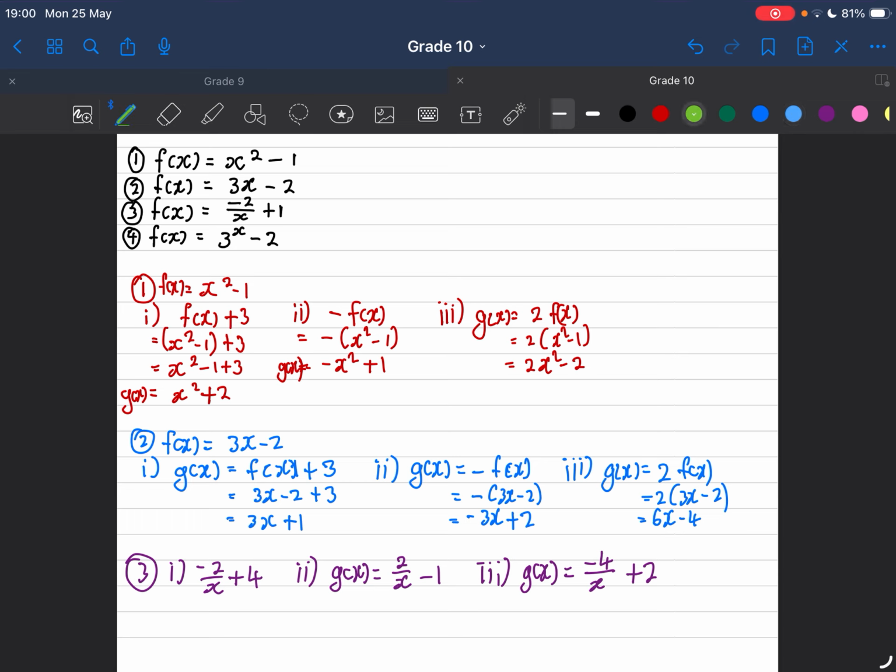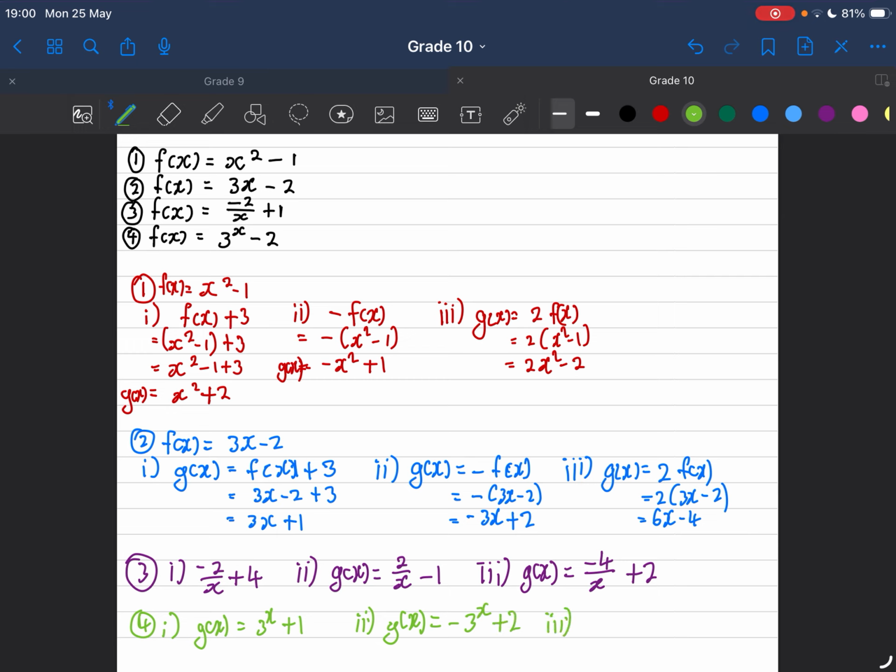Alright, number 4. Let's start. Number 4, I'm going to start by moving it up by 3. So my g of x function is equal to 3 to the power x plus 1. Alright, so from negative 2 it went up 3. Negative 2 plus 3 is plus 1. Second one, I'm going to multiply by a negative sign to flip over the x-axis. So it's g of x equals negative 3 to the power x plus 2.